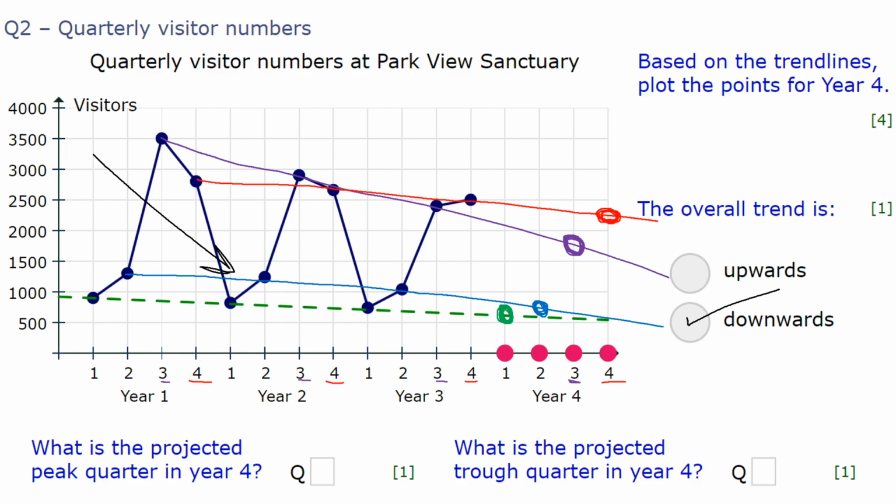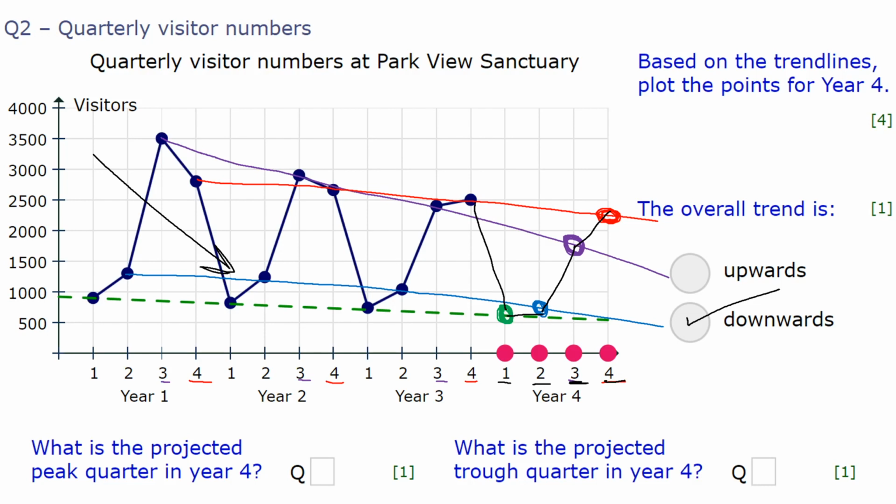Now let's use this plot line, this time series diagram, which we can also put lines between, to answer these questions. What is the projected peak quarter in year 4? So in year 4, which are these 4 points, which one is the highest?